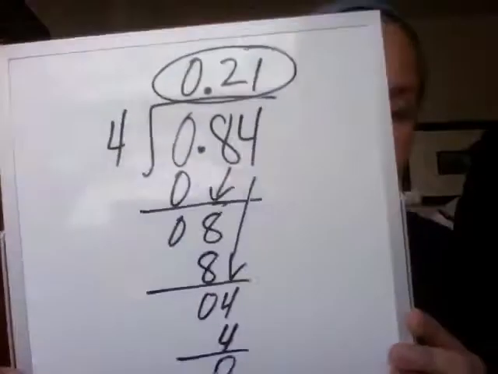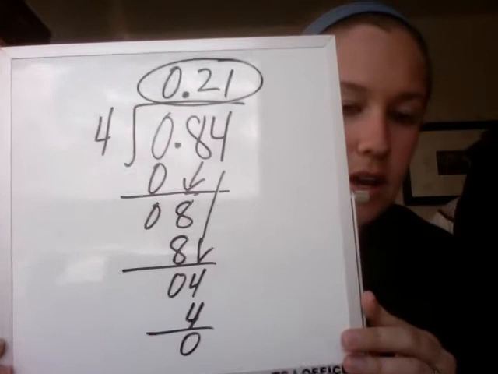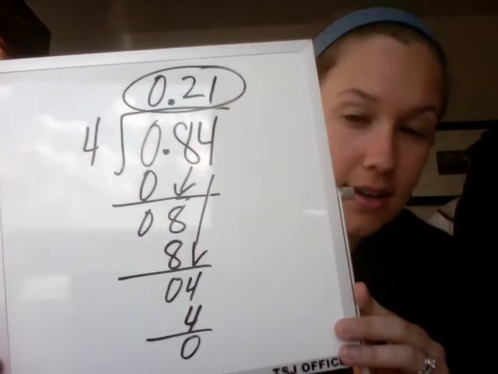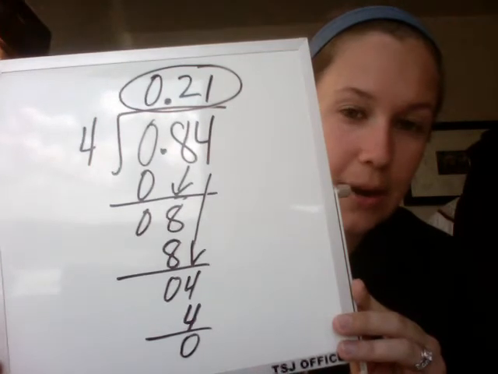Got 21 hundredths. If you didn't get that, try again or chat with the parent. Let's do C. 77 hundredths divided by 7.